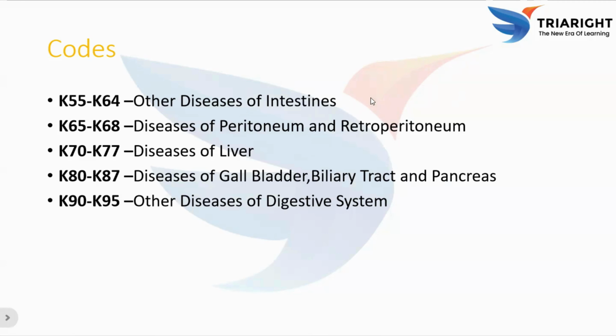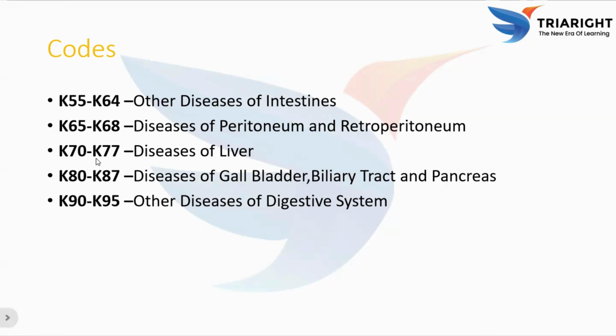The name itself describes it: a space behind the peritoneum. There are several organs in the retroperitoneal area, like kidneys, adrenal glands, pancreas, aorta, the inferior vena cava, and also a part of the duodenum and the colon.